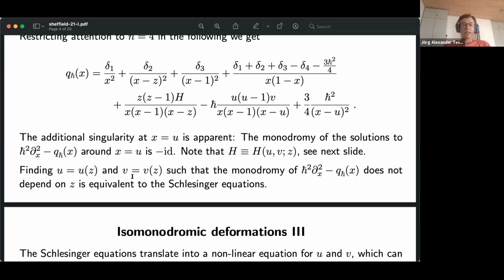consider movable. And then we can ask, okay, how do we need to change u and v in such a way, when we want to vary the fourth puncture, which is at z, that the monodromy of this second order differential operator, or second order differential equation defined by this operator, stays constant under a variation of z?